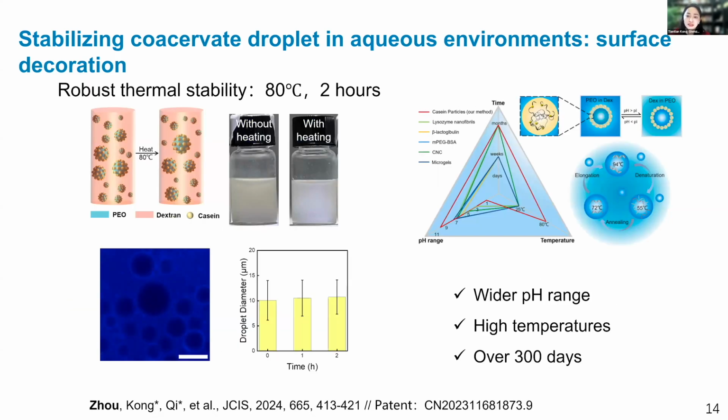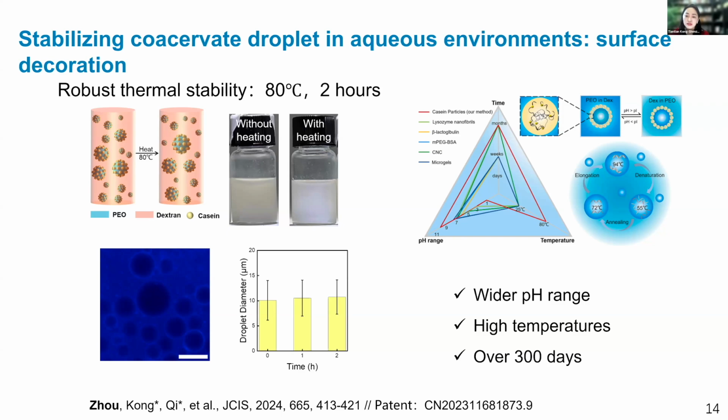We find that these keratin nanoparticle decorated coacervate droplets can be very stable in aqueous environments. Even after heating to 80 degrees C for 2 hours, the solution undergoes minimal change, and the bar chart here shows that droplet size stays nearly constant. Meanwhile, we compare different protein stabilizing agents in the literature by plotting their tolerance to pH, time, and temperature.